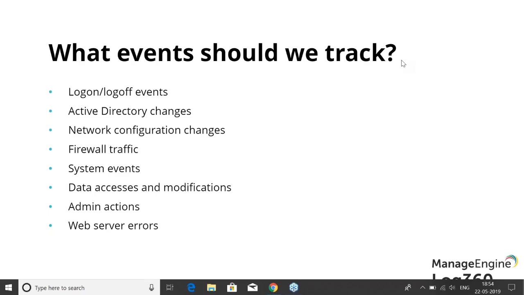So the example that we saw in the first, I keep coming back to that, of an end user getting added to domain admins in Active Directory, that is something that obviously you need to be logging so that you can detect that situation. And changes in general are very crucial, because a particular change can potentially jeopardize the security of your infrastructure.